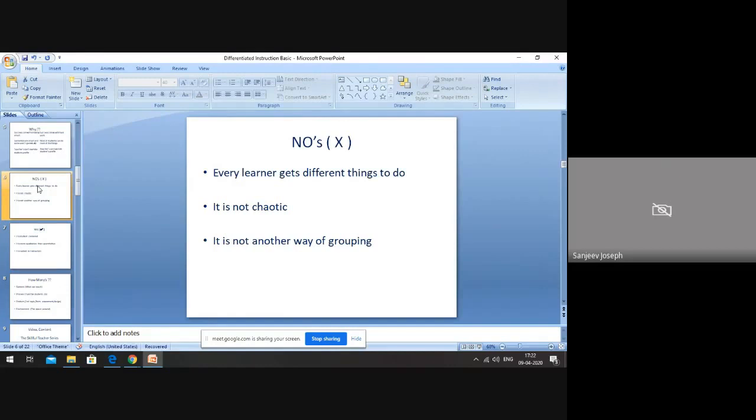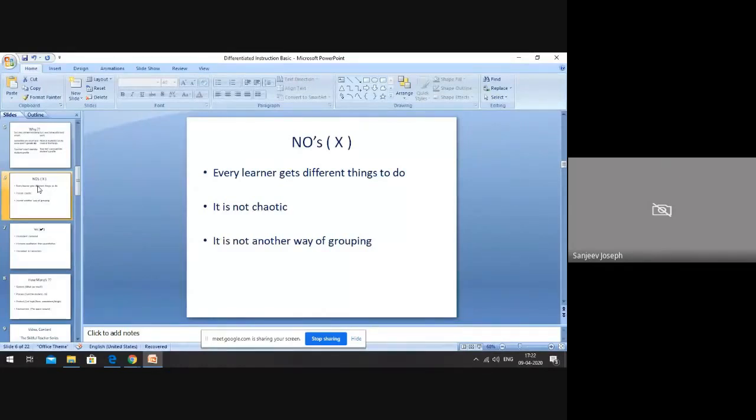It is not chaotic because of the way we are using it in the classroom, doing many things at the same time. Here, the classroom management is very, very systematic when we do differentiated instruction. It is a very smoothly run system where whatever we are doing in the class is systematic, planned and smooth.